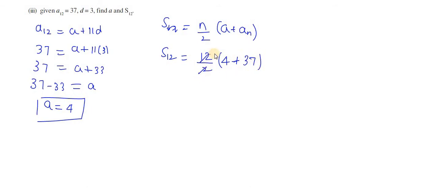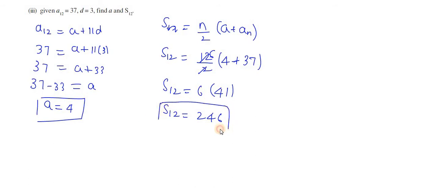Now simplify. 12 by 2 is 6, so it is 6 into 41, since 4 plus 37 is 41. Therefore S12 is 41 into 6, which is 246. I hope all of you understood this.